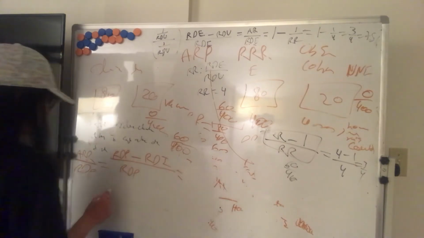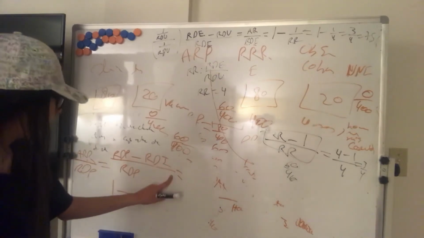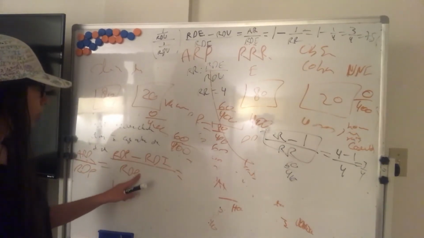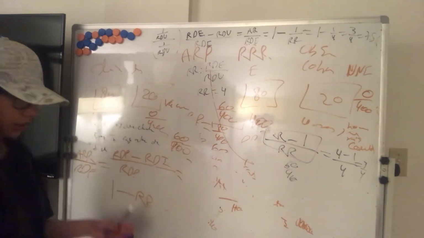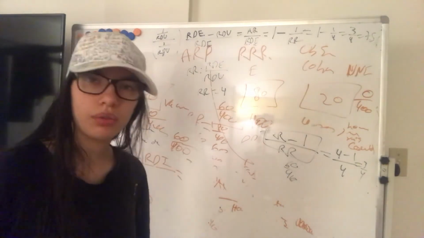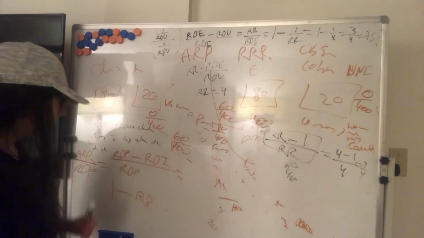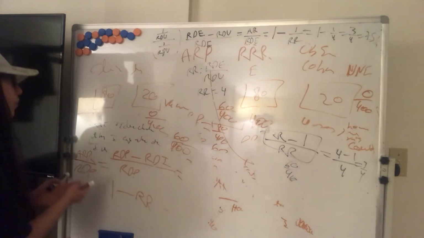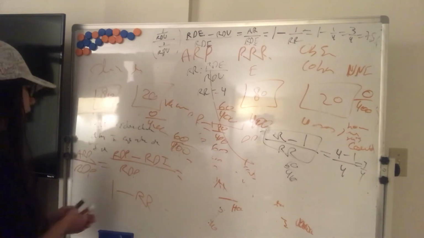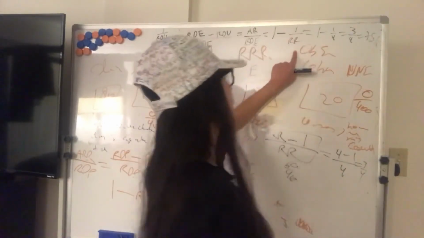So this is 1 minus the rate of disease on the intervened group divided by the rate of disease in the placebo group. This was my relative risk. Remember that in the clinical trial, the relative risk by antonomasia is the rate of disease in the intervened group divided by the rate of disease on the placebo group. So the relative risk reduction is 1 minus the relative risk, and the attributable risk percent is 1 minus 1 over the relative risk.